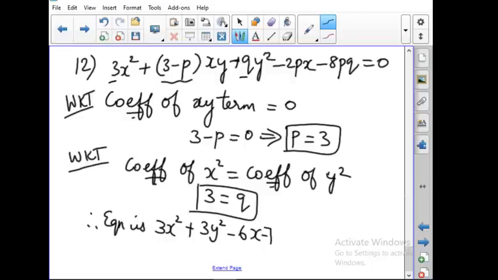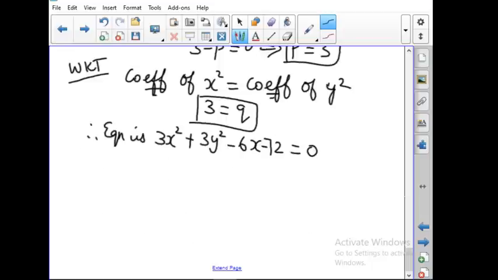Minus 72 is equal to 0. So this is the equation of the circle. This equation has the same coefficient for y square and x square. So let us divide this equation by 3. So we are getting x square plus y square minus 2x minus 24 is equal to 0.